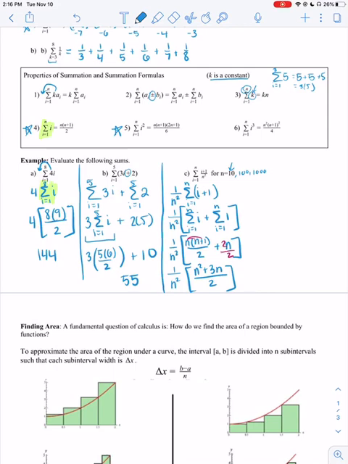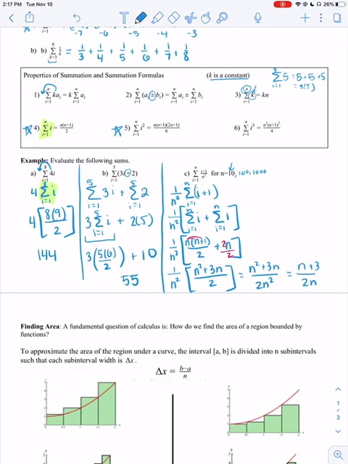Now we can multiply these. We get n squared plus 3n all over 2n squared. And then you can factor out an n in the numerator, simplify that with the denominator, and you end up with n plus 3 over 2n.